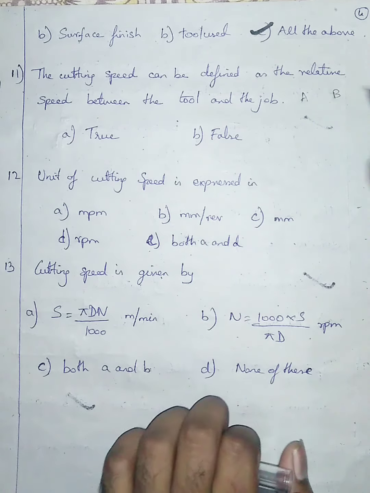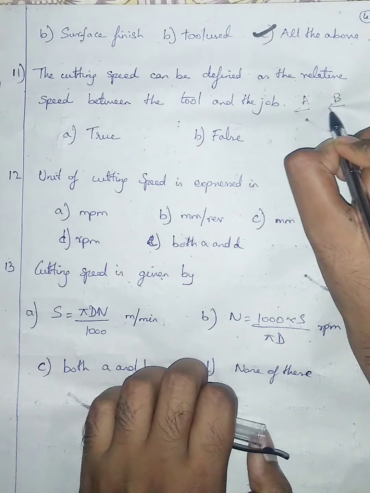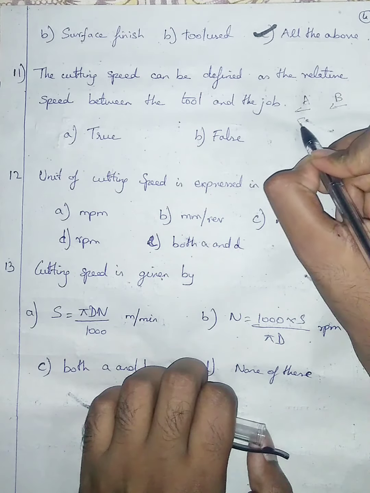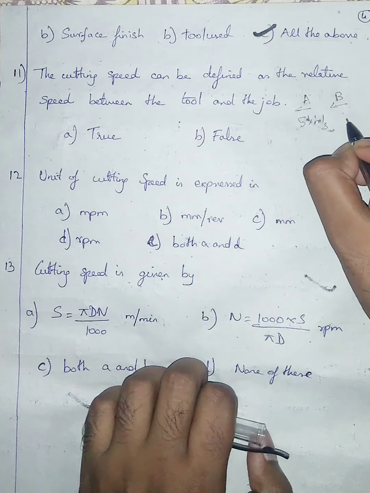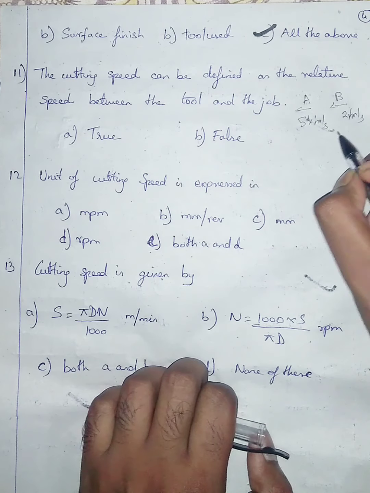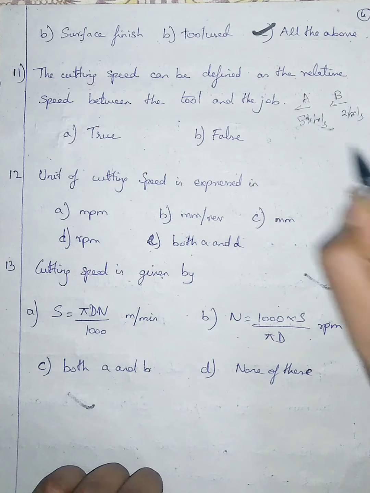If A and B move in this direction, we will say A is moving at 5 km per second and B is going at 2 km per second. The relative speed will be 3 km per second. A is moving faster than B at a rate of 3 km per second. That is the relative speed.